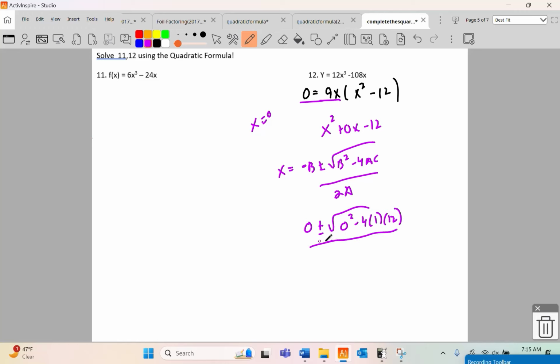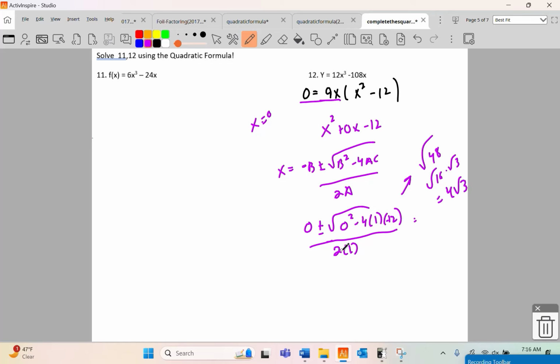All sitting pretty over twice a, and a was 1. And that is in -12. All right. Inside this radical is going to be a root of 48. And 48 is 16 times 3. So it's 4 root 3.